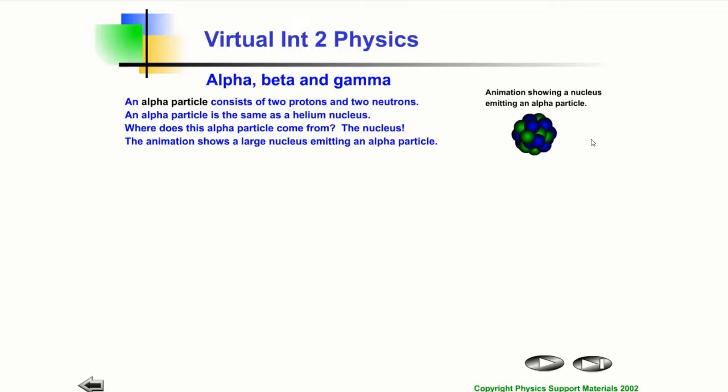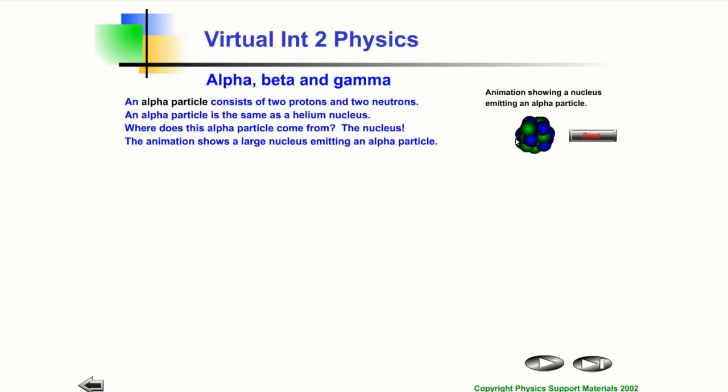If you'd looked and noticed, an alpha particle, there it goes, consists of 2 blues and 2 greens. Not really that colour, okay, but the blues are represented by neutrons, and the little round green balls represent the protons.